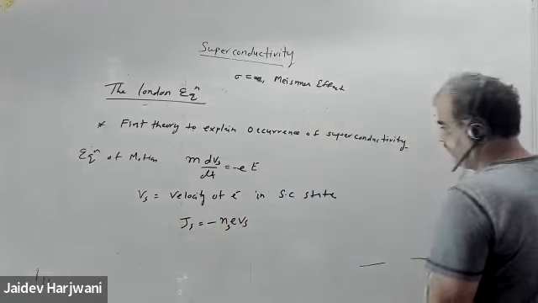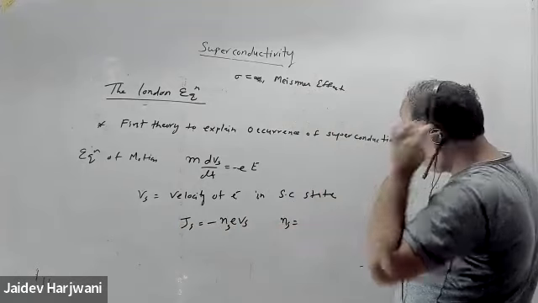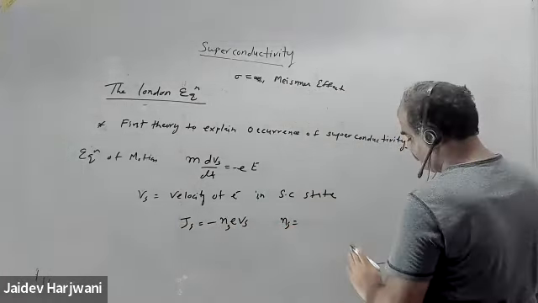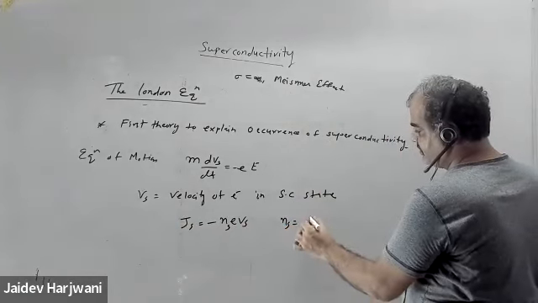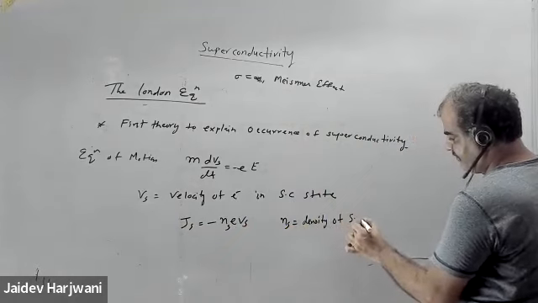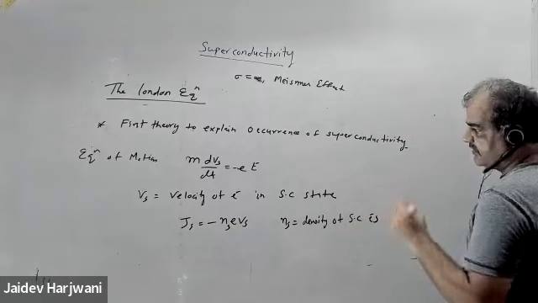What is Ns? Ns is the density of superconducting electrons, and Js is the current density.